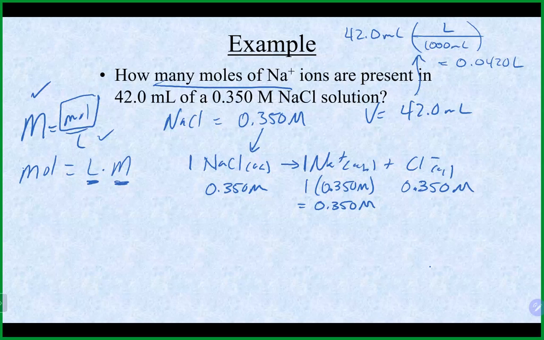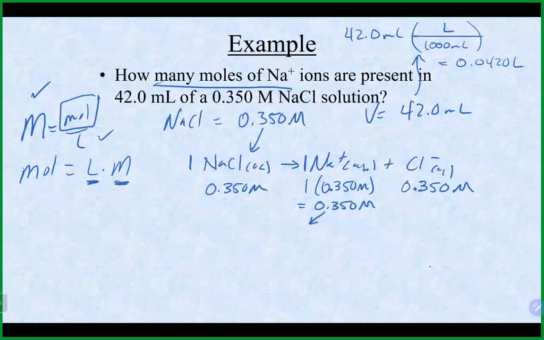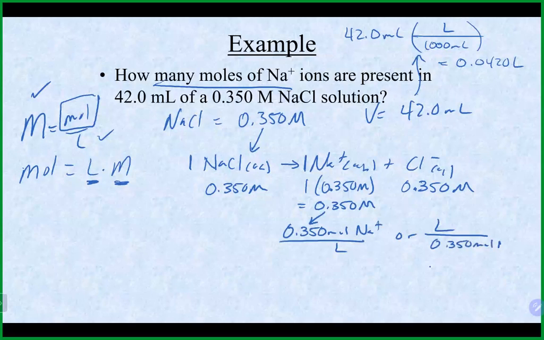Again, I'm going to get rid of the big M here. And basically what this means is there is 0.350 moles of sodium ion per liter. Or I could use it the other way if I needed to, a liter on top, 0.350 moles of sodium ions. So in this case, we'll take our volume converted to liters, 0.0420 liters.